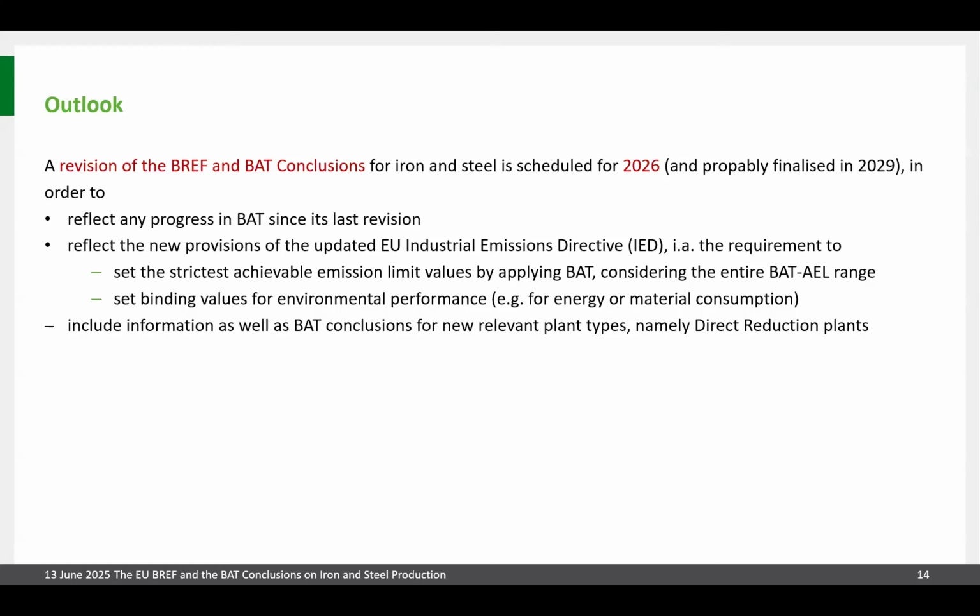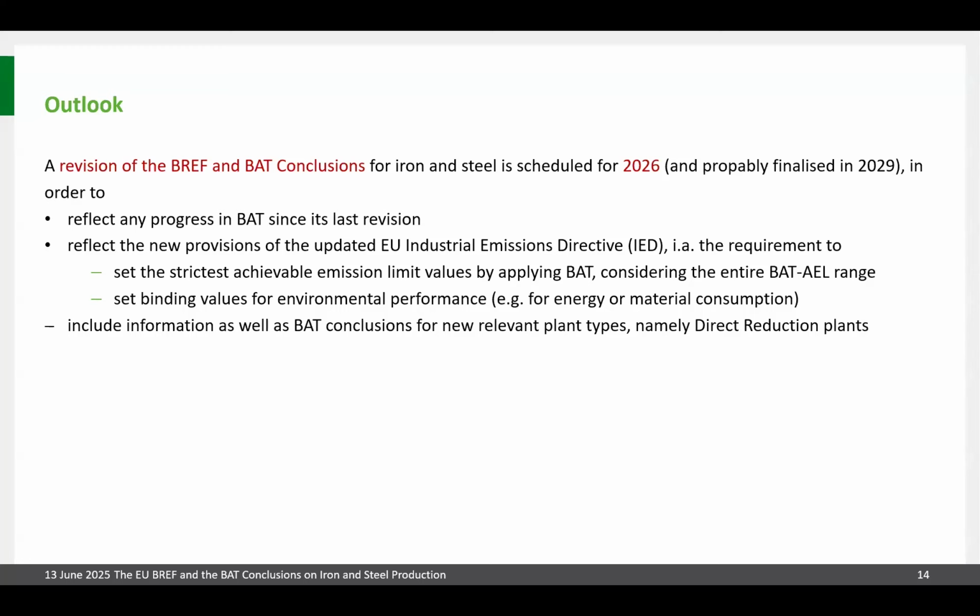Another new requirement is to set binding values for environmental performance, for example, for energy or material consumption, that are difficult to define, but we have to address this in the new BAT conclusions.